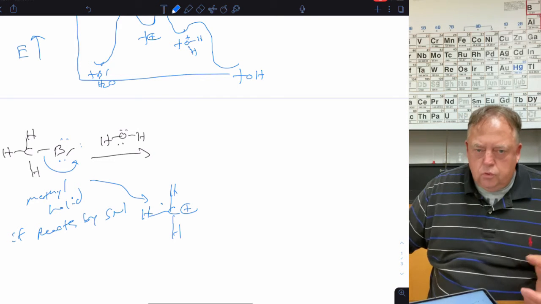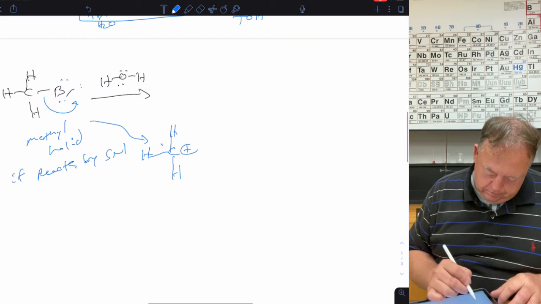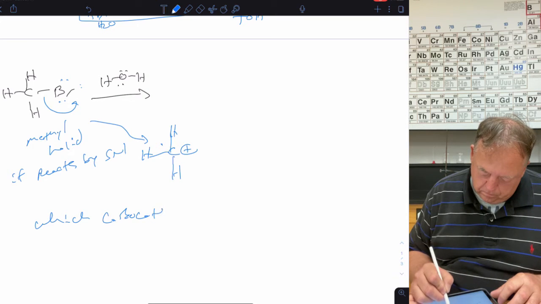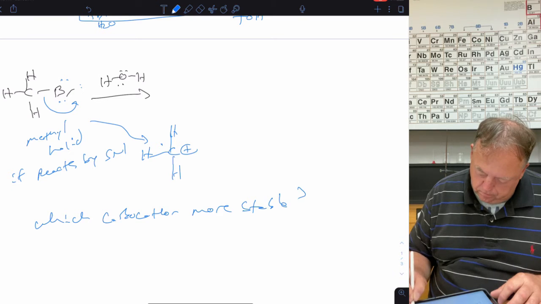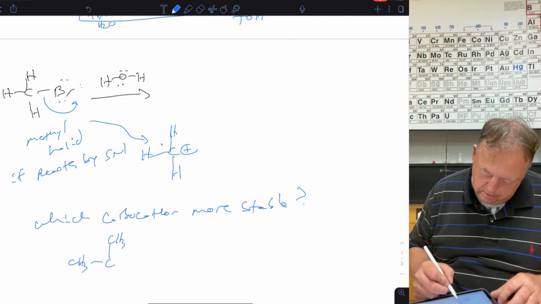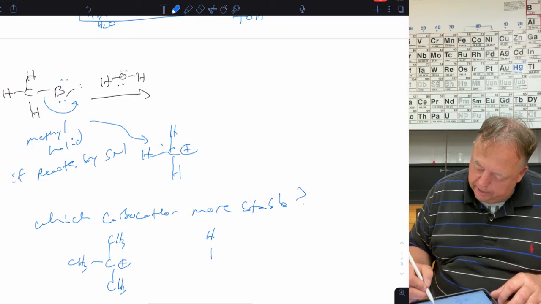And so the question is, which carbocation is more stable? The tertiary carbocation or the methyl carbocation?